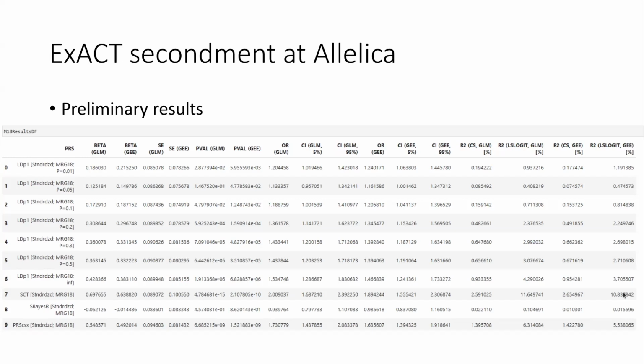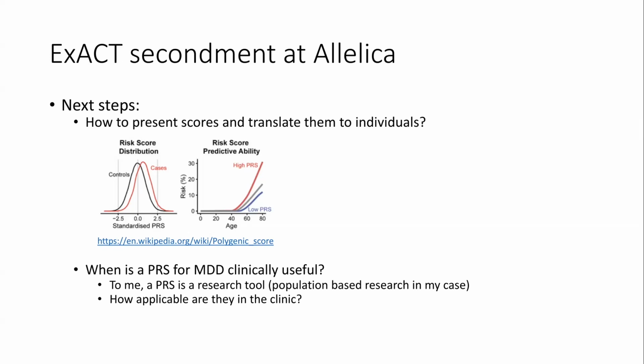But you see that other methods, like over here, PRS-CSx or SCT perform much better. So using these kinds of statistics, you can actually determine what method works best, and maybe in the end we will take a combination. The next step is how to present those scores and translate them to individuals or really patients in the clinic.